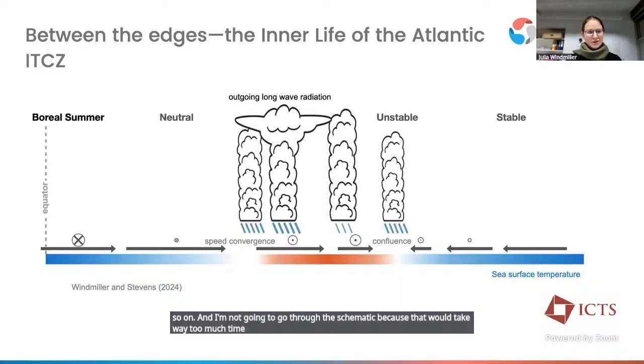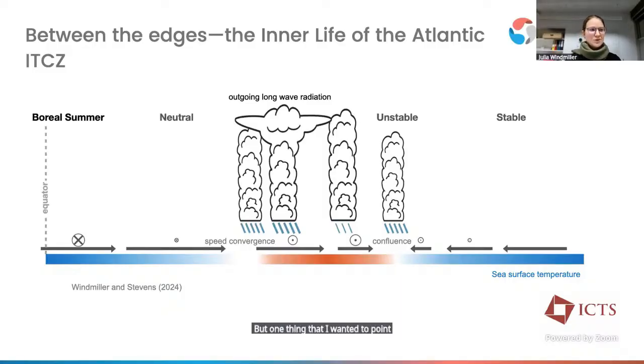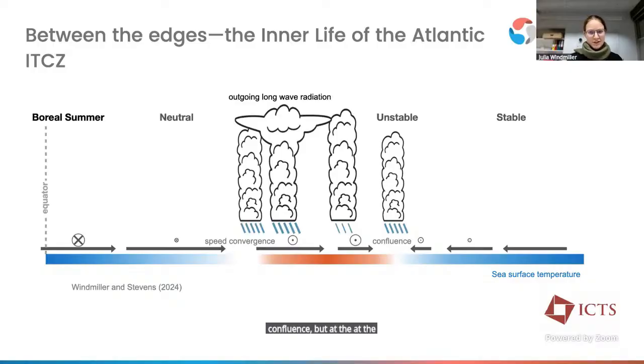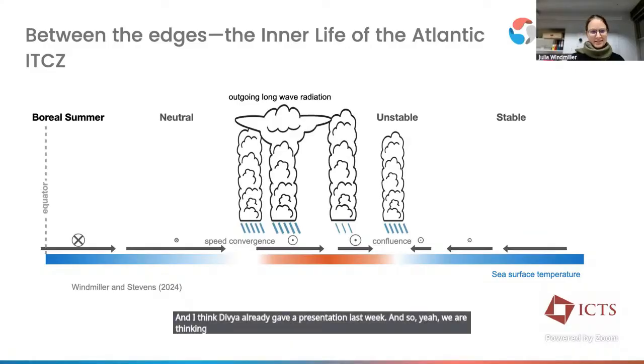But one thing that I wanted to point out is that, for example, in boreal summer, what we found is that peak precipitation actually doesn't happen at the location of confluence, but at the location of speed convergence. And I think Divya already gave a presentation last week, so we are thinking that her results and these results are very much connected.